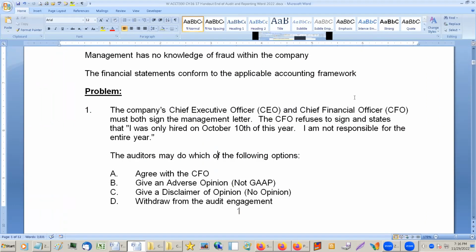So the CFO says they can't sign the letter. So the chief financial officer won't sign it.